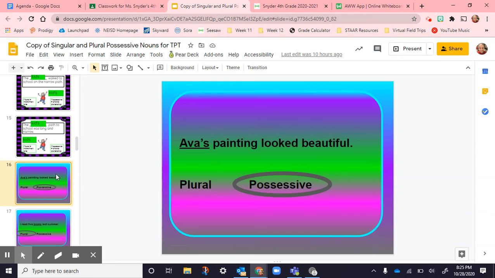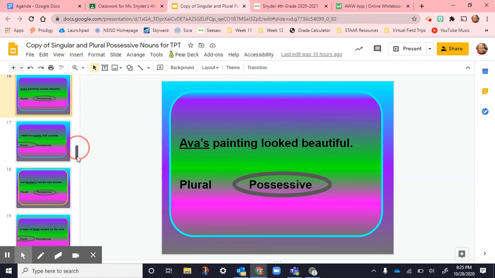All right, we went down to page 16. And here we're looking at whether something is talking about plural or something's talking about a possessive. It's either a plural noun or a possessive noun. So plural, to review, means more than one, and possessive is talking about showing that ownership.